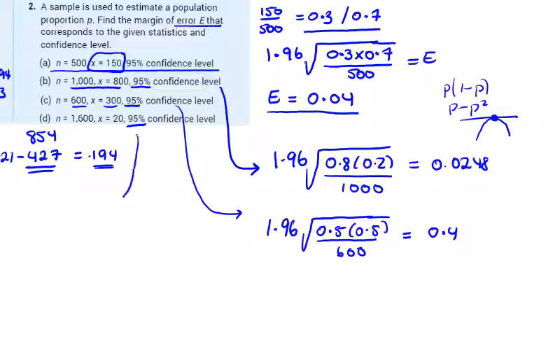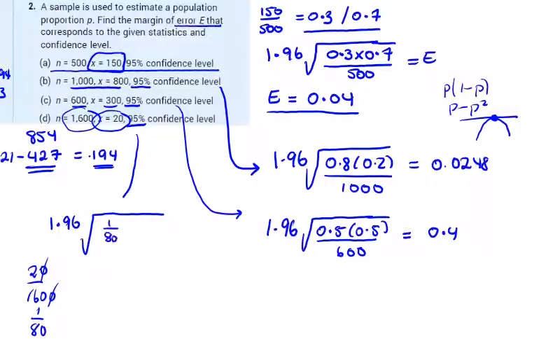And finally in D, we're going to have 1.96 by the square root of 20 over 1600. 20 over 1600, 2 over 160 or 1 over 80. Okay, well I'll type it into the calculator like this, 1 over 80, so that's going to be 79 over 80.